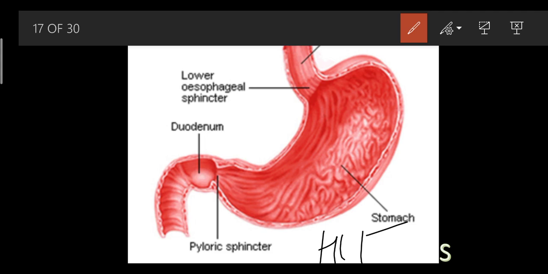So whenever we eat food, it enters into the stomach. What is present in this stomach? HCl, and hydrochloric acid is one of the dangerous acids. What is the function of this HCl? To kill any of the germs which enter into our body with the food.